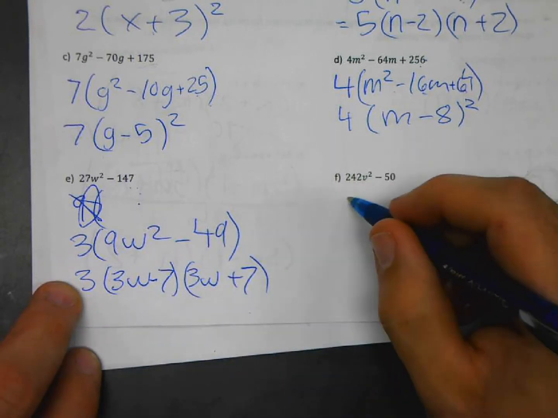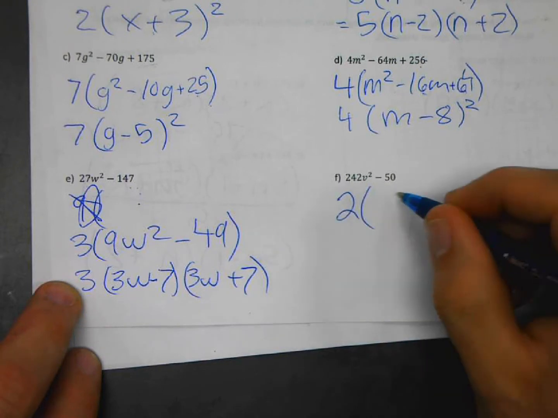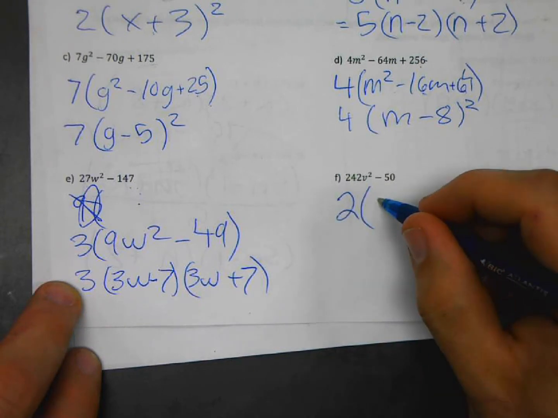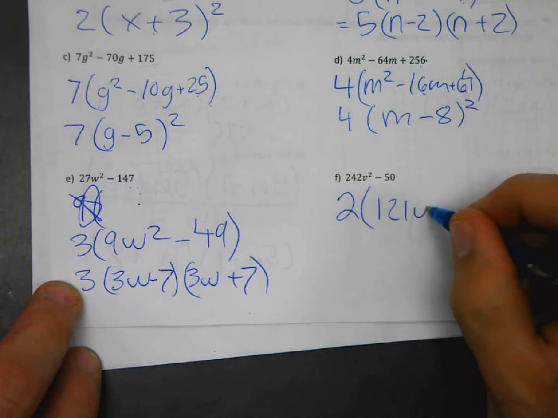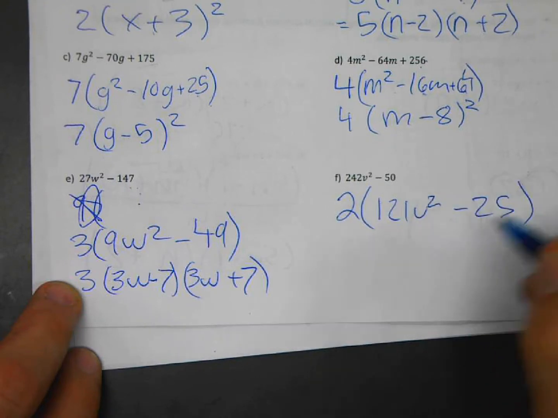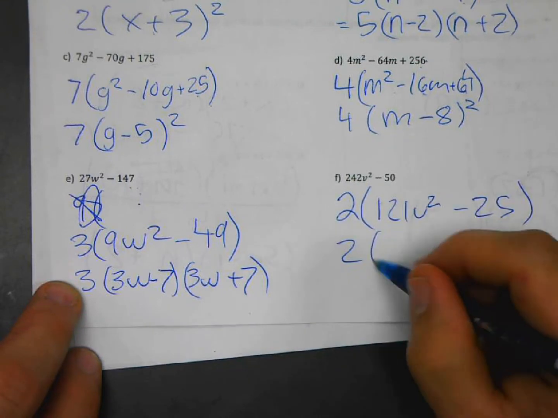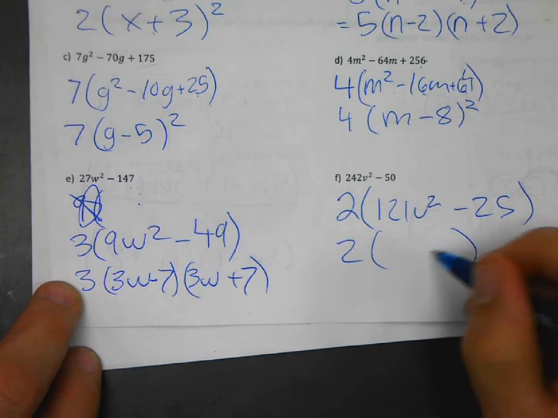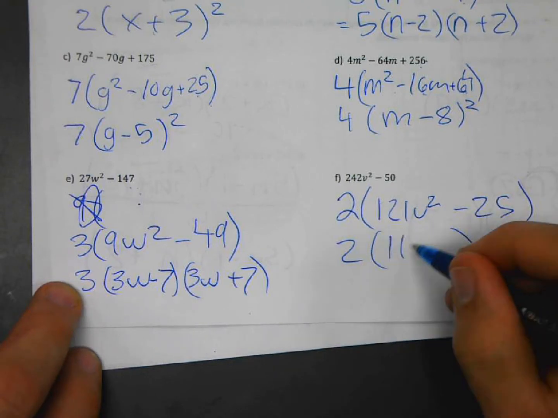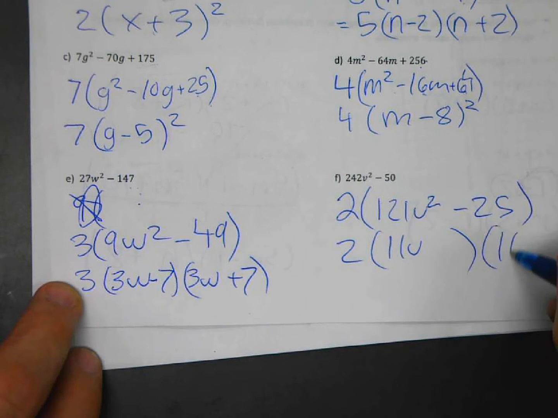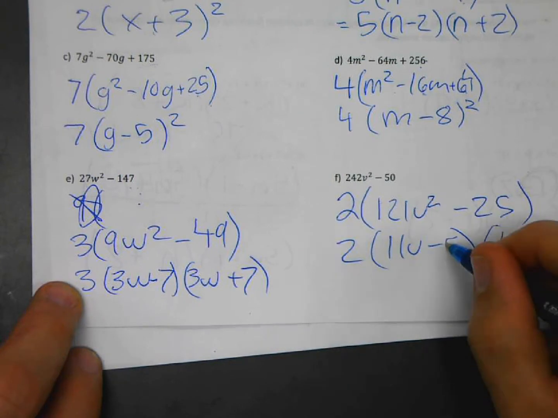This one here, the biggest number is 2. This will give me 121v squared minus 25, times 2. Now this is a difference of squares again. So 11v, 11v, minus 5, plus 5.